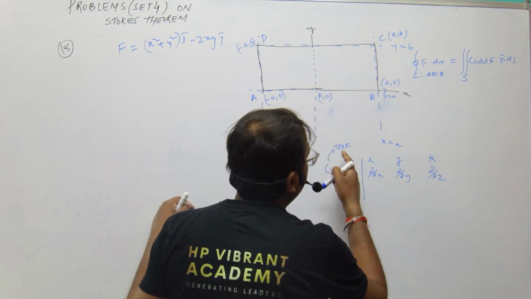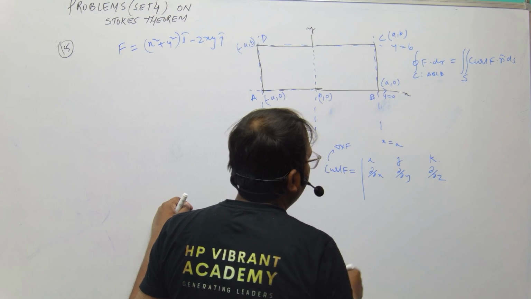Now let us write down the components of F, the vector point function.